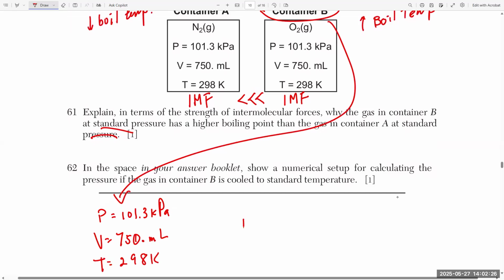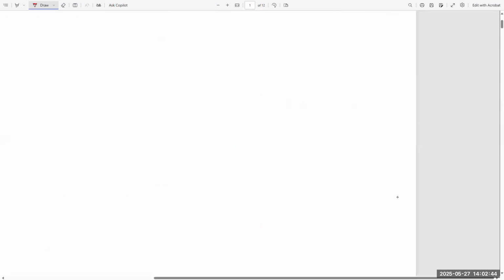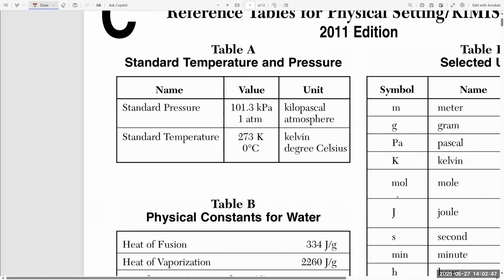And then we want to calculate the pressure if it's cooled to standard temperature. If you don't know the standard temperature, you should know this, but if you don't, we go to the front, where the standard temperature is right here.